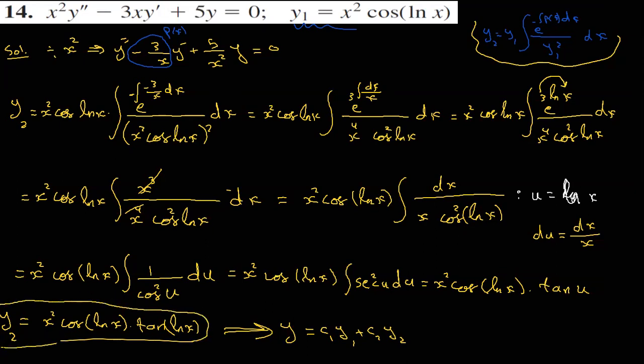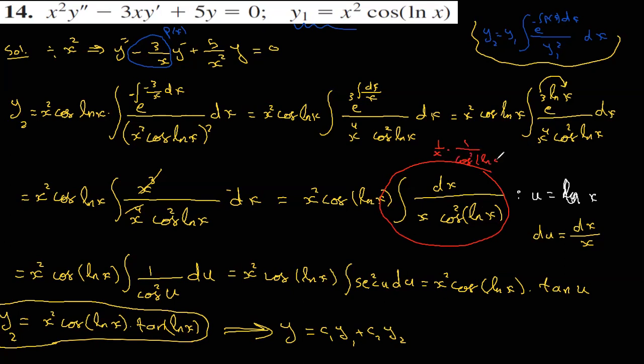A student asks: when do we use the u substitution in integration, and which function should we choose to be u? In general, if you have a product of two functions, and one of them is similar to the derivative of the other. Notice for this problem, I have 1 over x multiplied by 1 over cosine squared ln x.